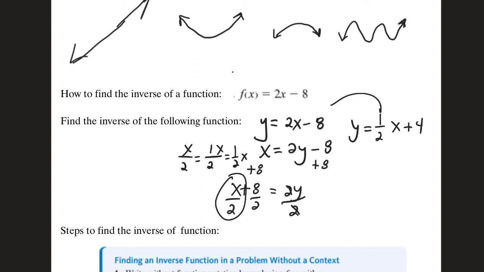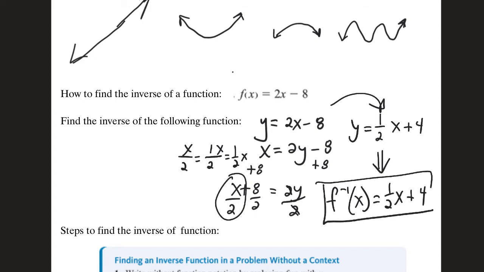So that's where my 1/2 x came from. And then 8 divided by 2 is 4. The last thing I would do is I would use what we call inverse notation to rewrite this, showing that this represents the inverse of our original function f of x. So this is ultimately what we were looking for.